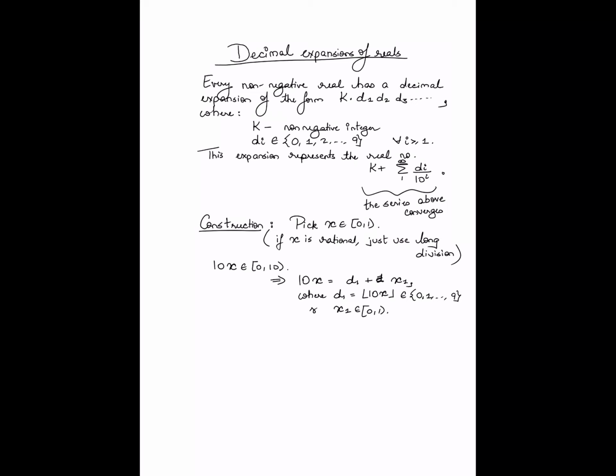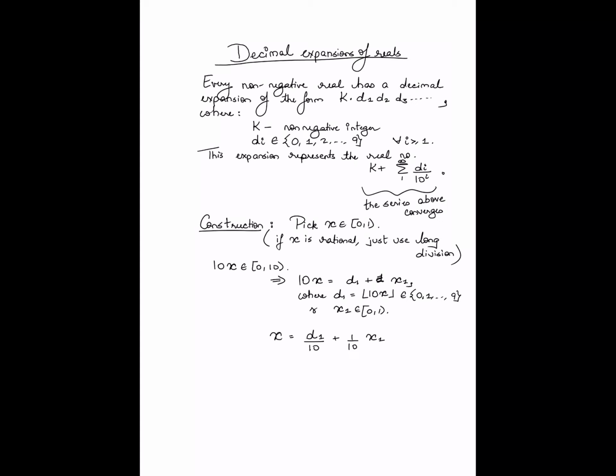So we have basically written 10x as d1 plus x1. d1 is the floor of 10x, x1 is whatever is left over on top of the floor, which again lies between 0 and 1. And so my first level of decimal expansion is going to be obtained by just rewriting this. Divide by 10 on both sides to get that x is equal to d1 by 10, plus 1/10 of x1, where x1 is also a real number between 0 and 1.